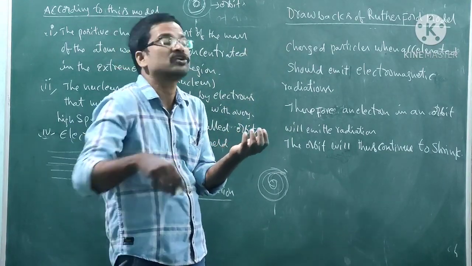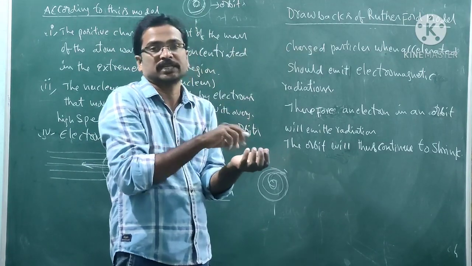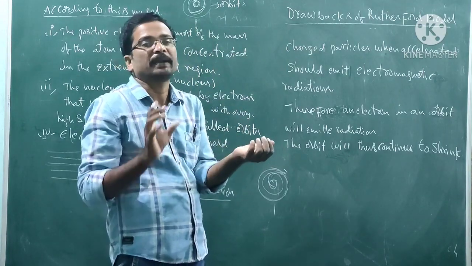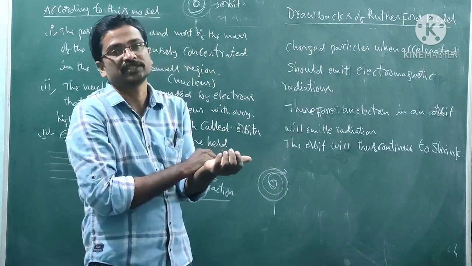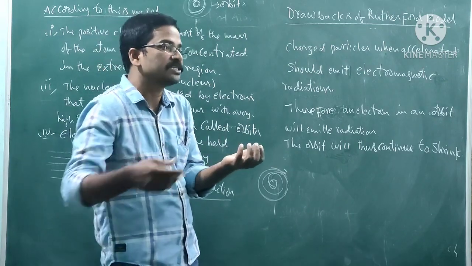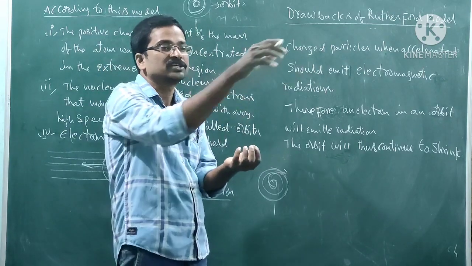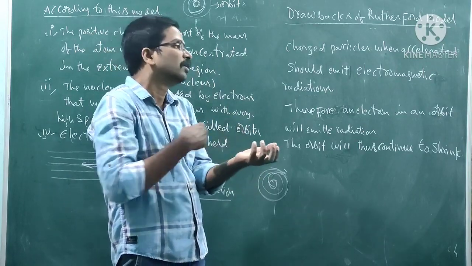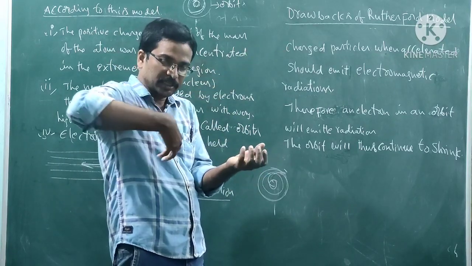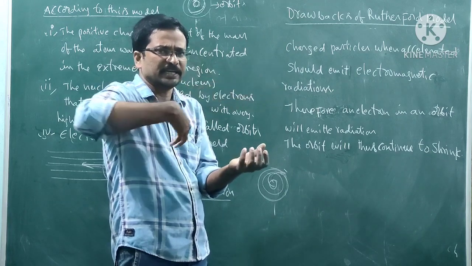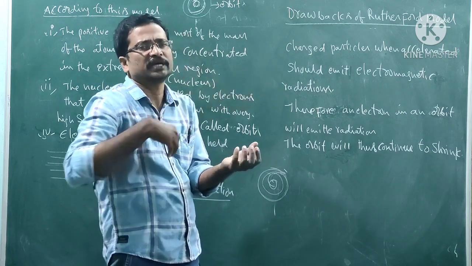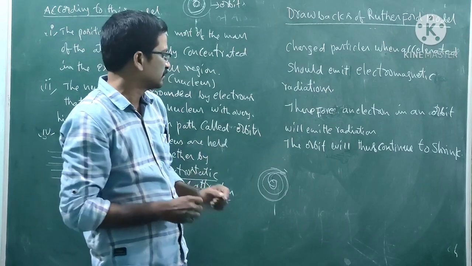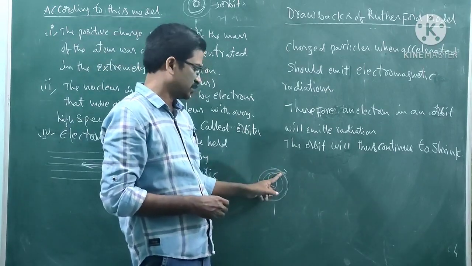But the planets do not fall into the sun's core because the planets do not contain any charge. That is the reason why planets in the solar system do not fall into the sun. But here the electron has a charge.